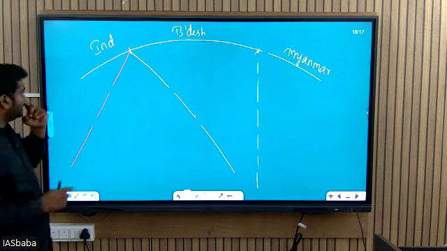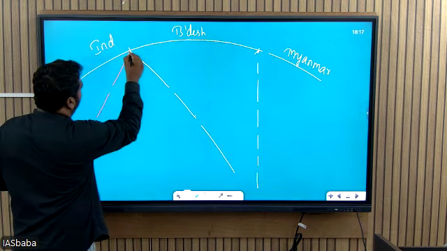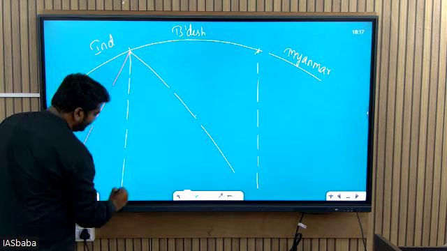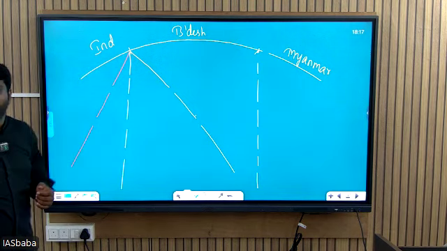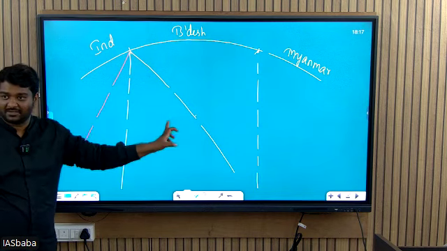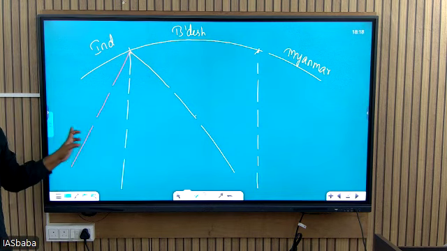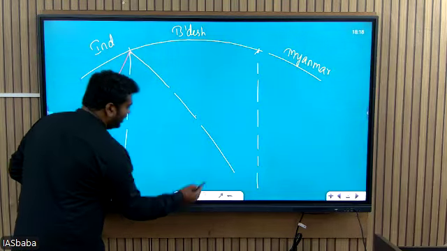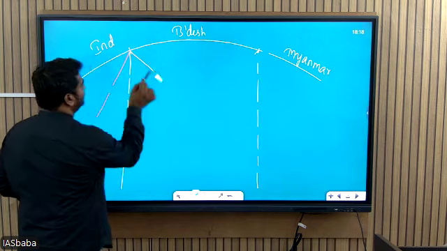Out of this, 18,000 square kilometers was given to Bangladesh, the remaining was given to India. Who got more? Bangladesh got more, India got less.